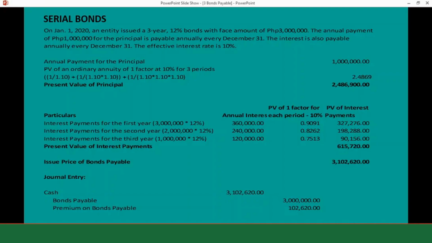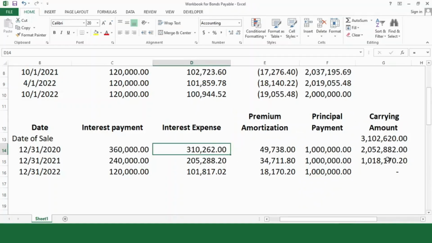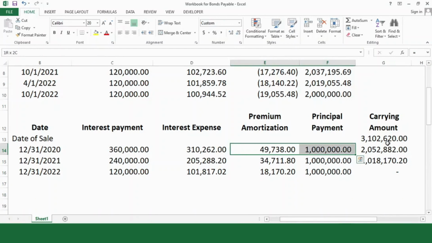Kaya ito yon. Interest expense. So, we have, syempre, yung 10%. So, 10% of 3,102,620. So, effective rate times dun sa amortized cost niya or carrying amount niya. So, you have 310,262. Okay, so take note, the difference of that is amortization for the premium. So, bawas yan. Okay, at the same time, hindi lang itong ibabawas mo, pati yung principal amount.